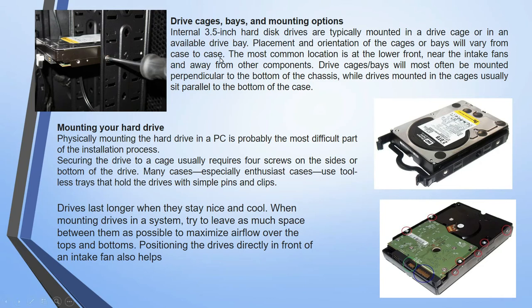Okay, so depending upon your CPU case, the hard disk placement varies. The most common location is at the lower front near the intake fans and away from other components. Drive case bases will most often be mounted perpendicular to the bottom of the chassis, while drives mounted in the cage usually sit parallel to the bottom of the case.